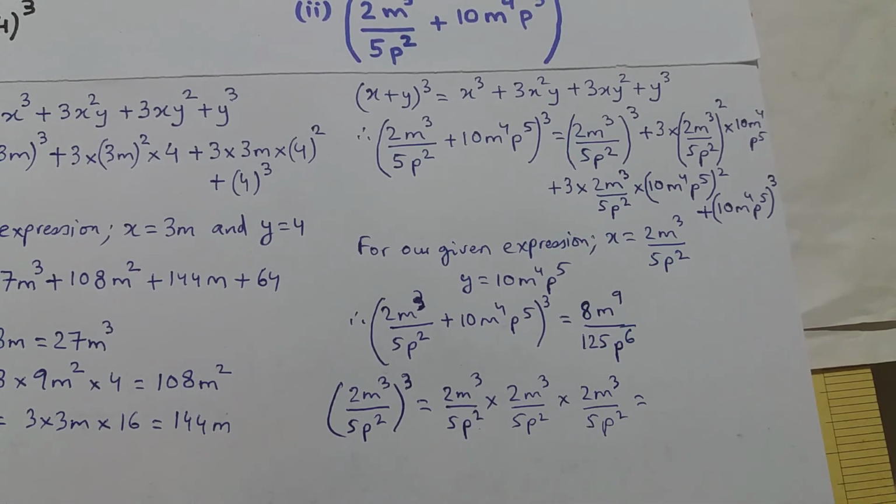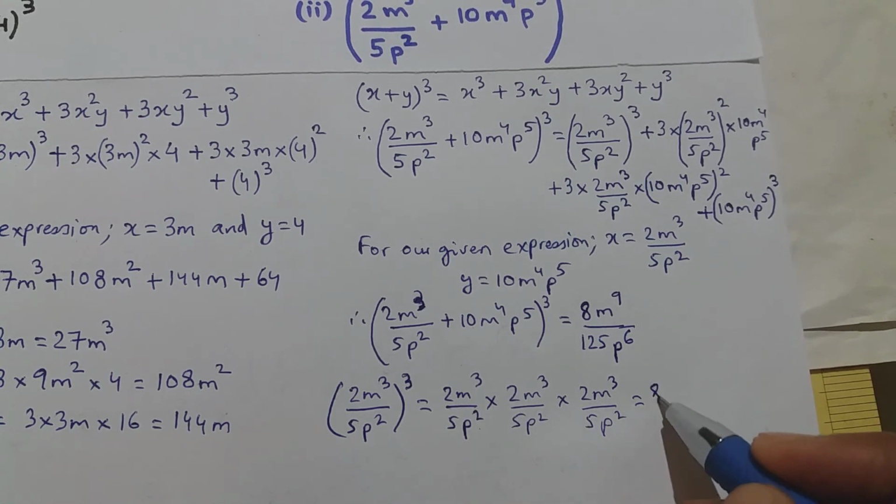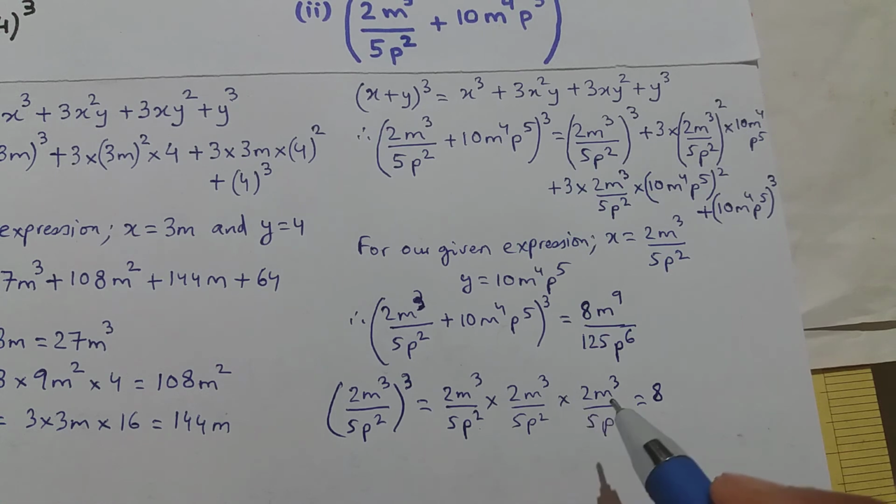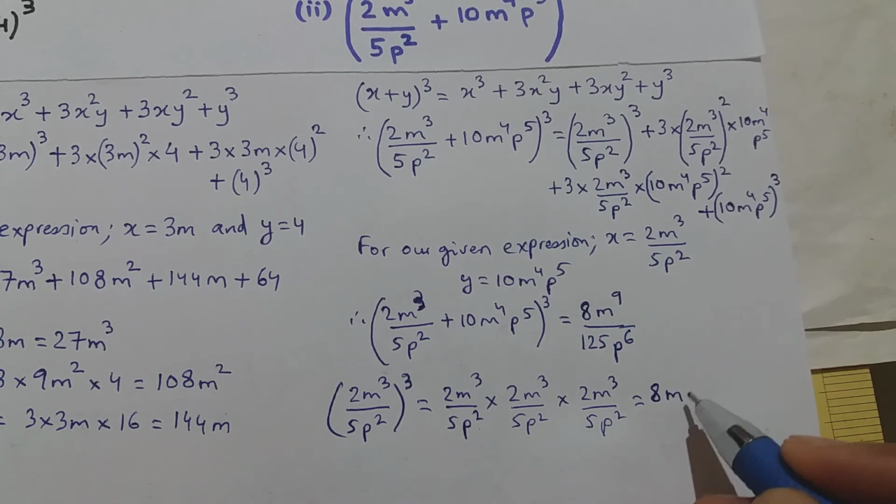So let us simplify this. First we will multiply the numerators to each other. So 2m cube into 2m cube into 2m cube, so that will be 2 2s are 4, 4 2s are 8, m cube into m cube into m cube. Now m cube into m cube is m to the power 6, m to the power 6 into m cube is m to the power 9.